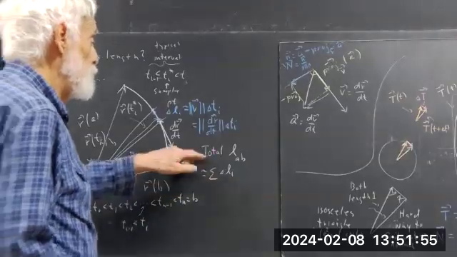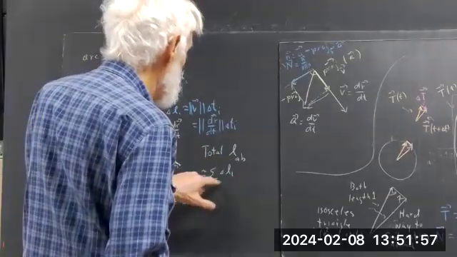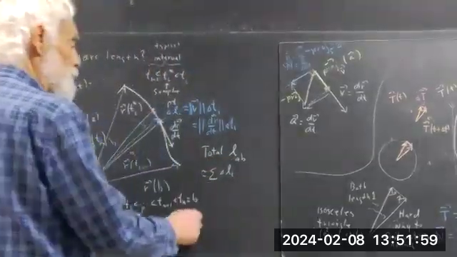So the total arc length is the sum of all your arc lengths.